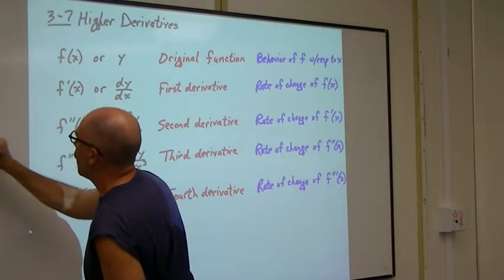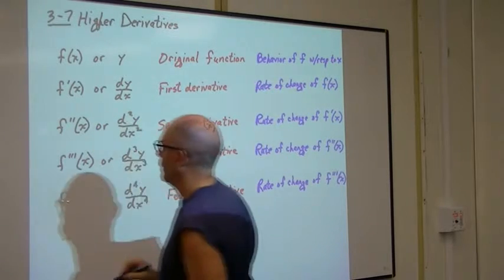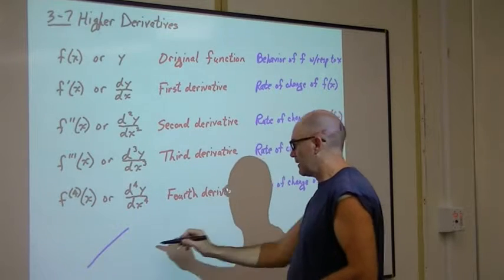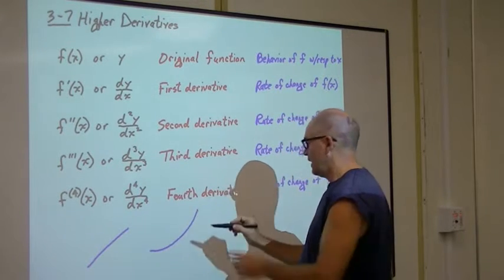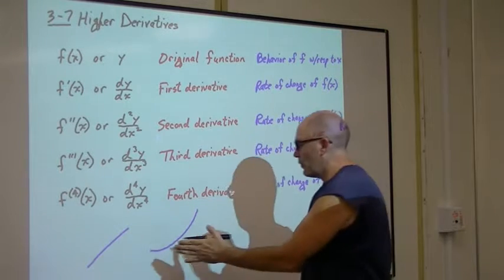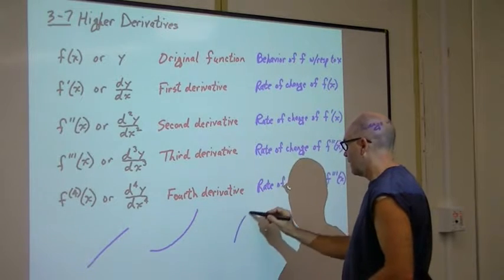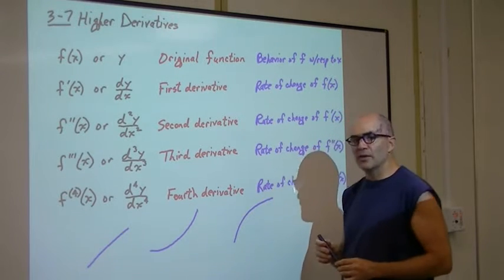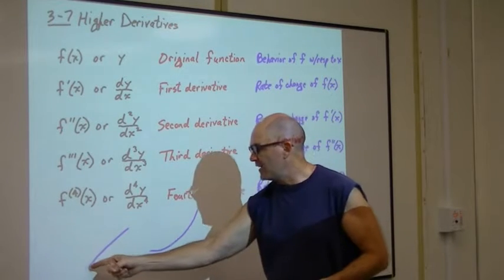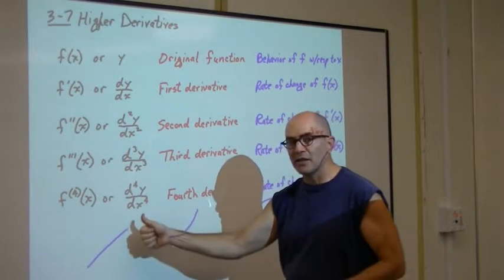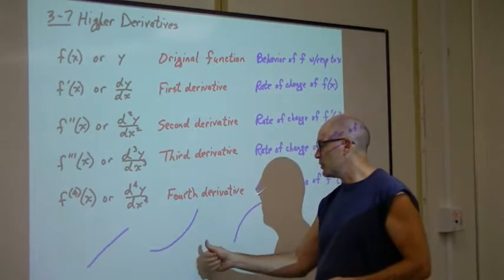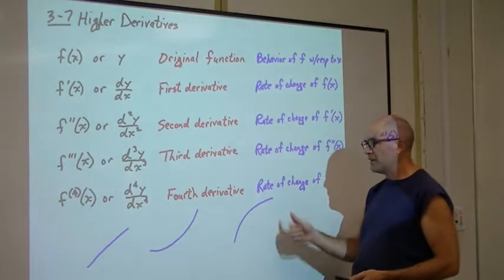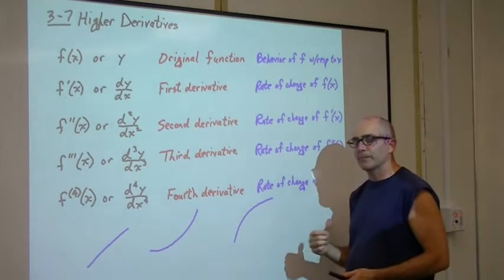Increasing with respect to x basically means that as I go to the right, the function is increasing. As x gets larger, f of x gets larger. It's going up as I go right.